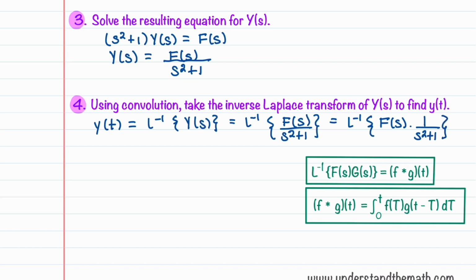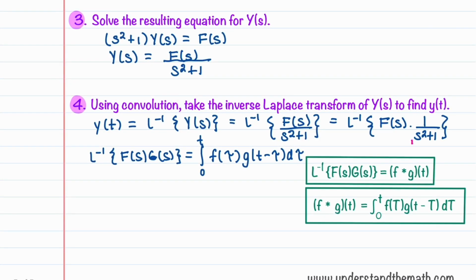Convolution tells us that the inverse Laplace transform of the product of two functions, capital F(s) times capital G(s), is the integral from 0 to t of f(tau), tau's just our dummy variable, times g(t minus tau) d tau. This function right here, over here on the right, is capital G(s).